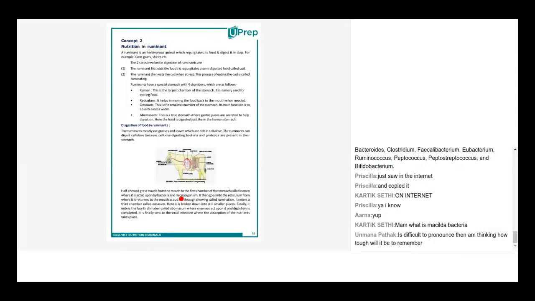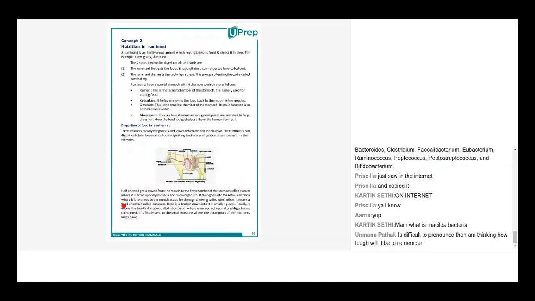So basically, digestion happens twice. Once in the rumen, half digestion, then it goes back through the reticulum to the mouth, it chews it again, and then sends it back to the abomasum for the final digestion. So digestion actually occurs twice, and that's the reason why it is highly compartmentalized.